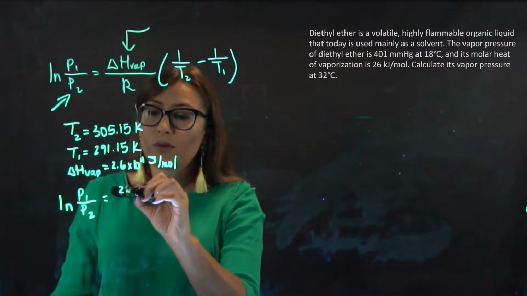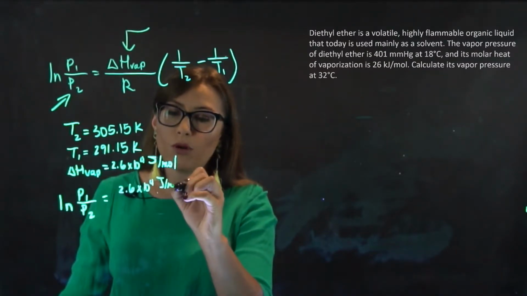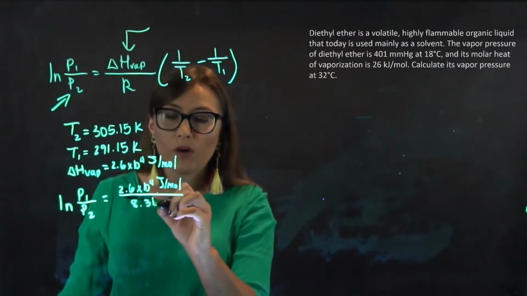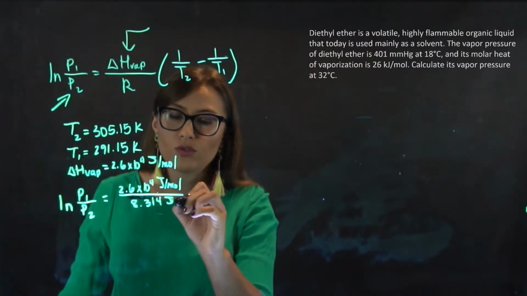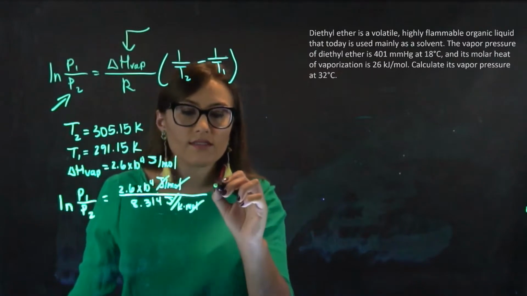And so we have 2.6 times 10 to the 4th joules per mole divided by 8.314 joules per Kelvin mole. Mole and mole, joule and joule cancel out.